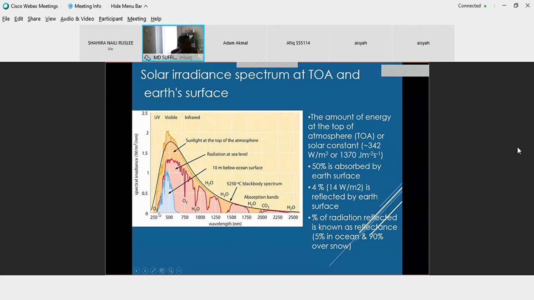Dan kalau kita tengok kat sini dekat dengan UV, kebanyakannya diabsorb, ataupun diserap oleh O3 ataupun ozon, di lapisan stratosfer.